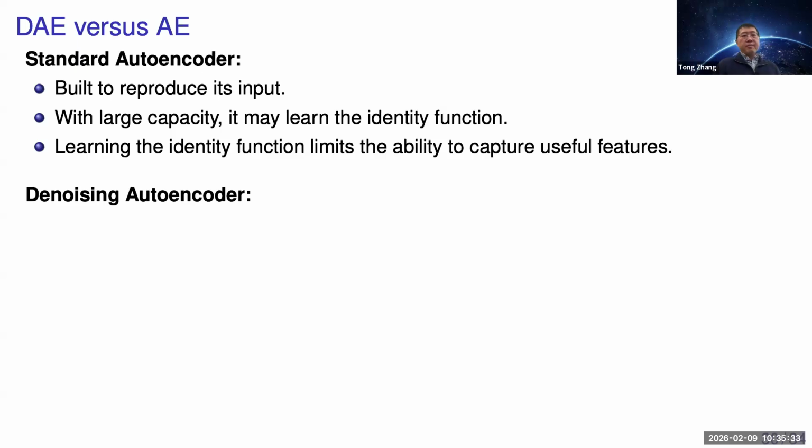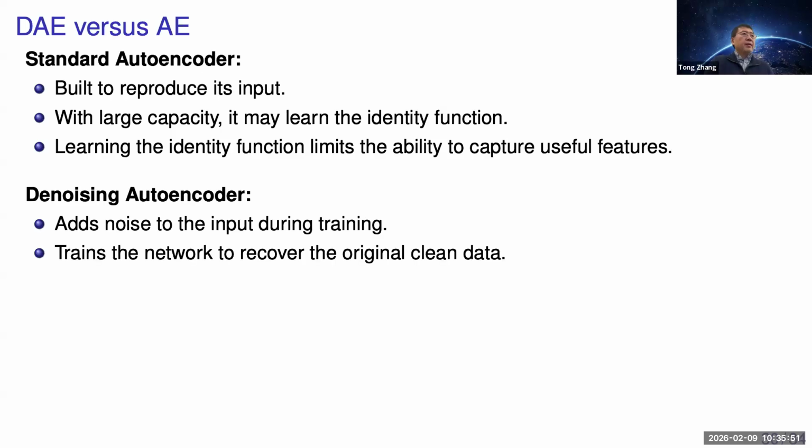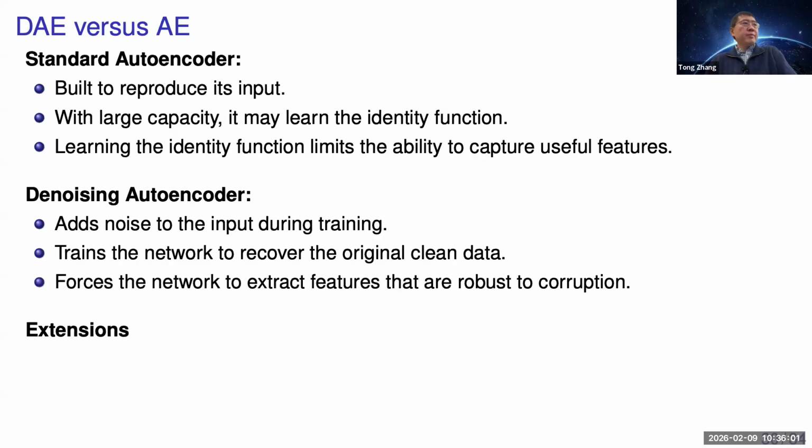This is why people thought about addressing that using the denoising autoencoder. For the denoising autoencoder, you add noise to the input during your training, and train the network to recover the original clean image, right? So you start with noisy input and train the network to recover the original image.